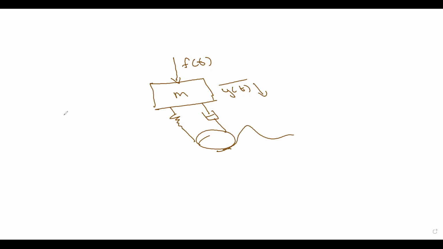So this is the overall system. Okay. So there's a spring. The spring actually resists displacement, right? If you have a spring like this and you try to squeeze it, you are trying to displace the spring in some way, and the spring resists that displacement by a factor of k, which we call the spring constant.